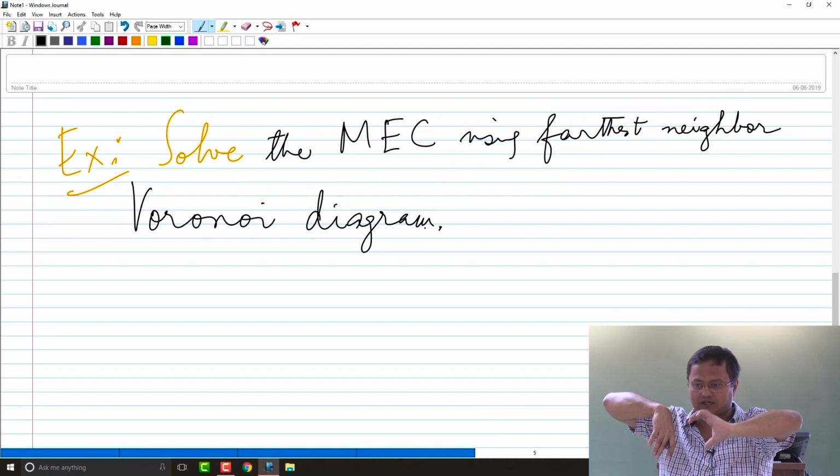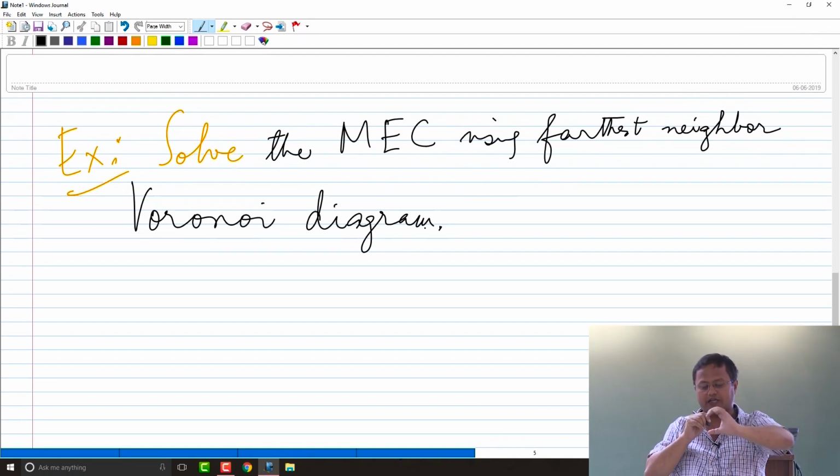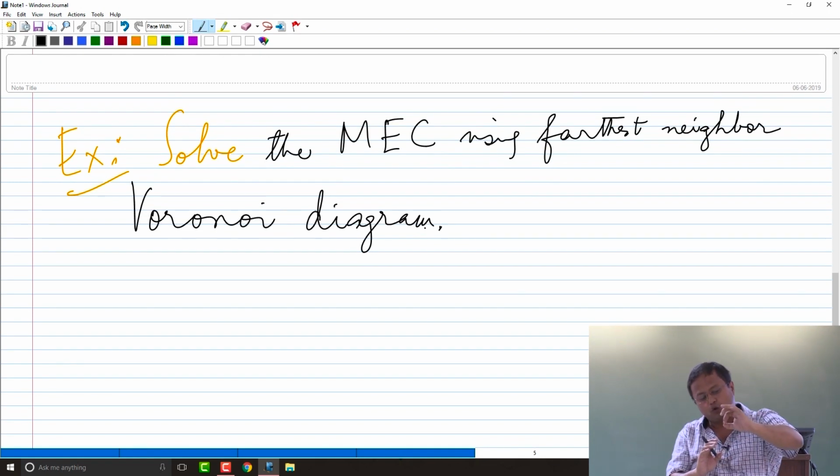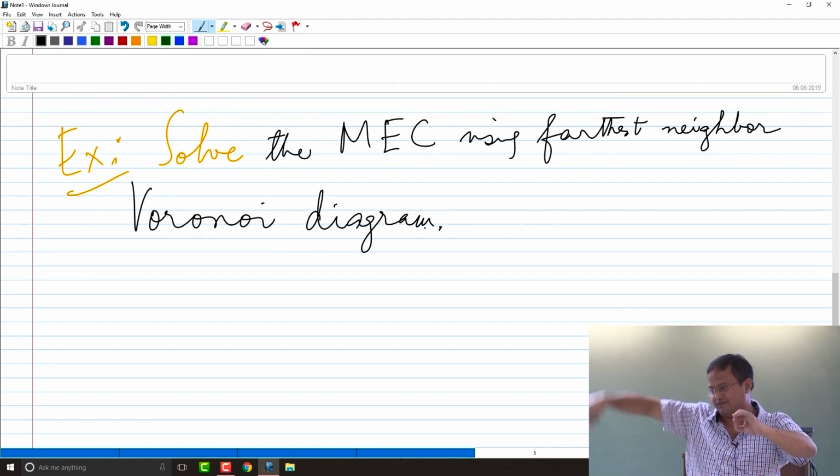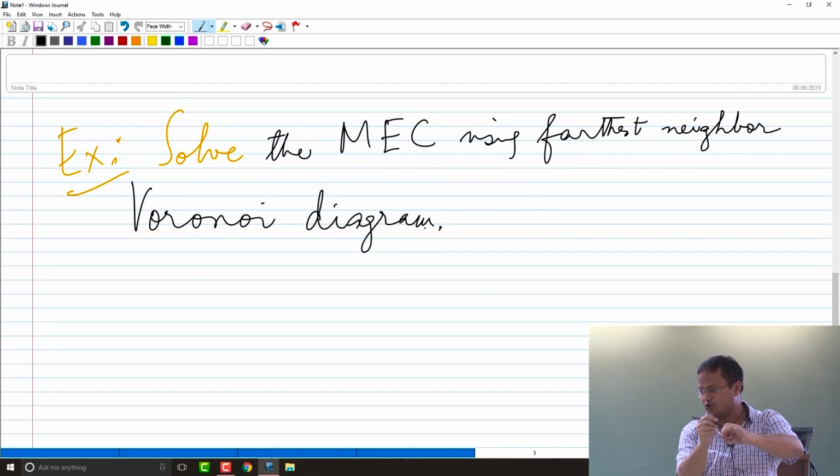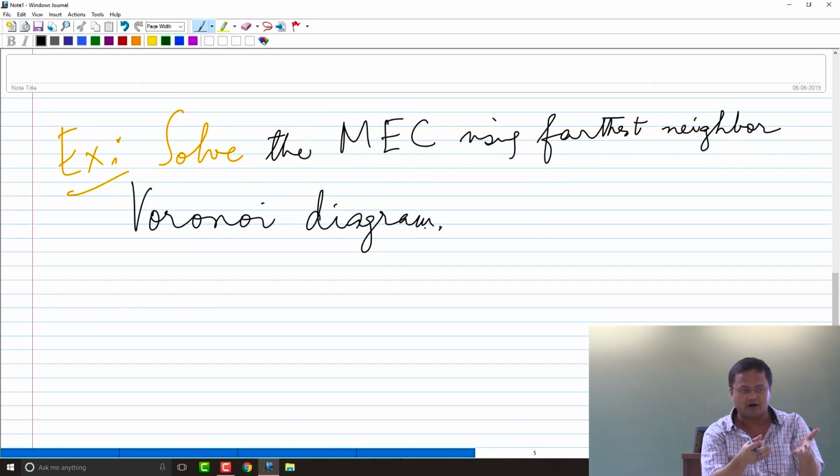It cannot have a closed structure, no, because if it has a closed structure, let us not talk of proofs, but think of this. If it has a closed structure, you have the point for which you are seeking the farthest neighbors, no. So, they would be coming from a further region, not in a closed region, right. So, this tells you that the cells of the farthest neighbor Voronoi diagram are not going to be closed regions.